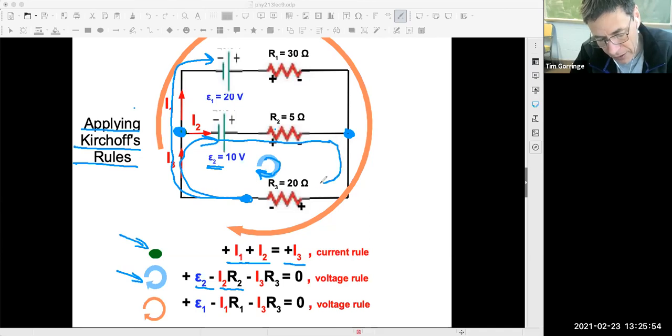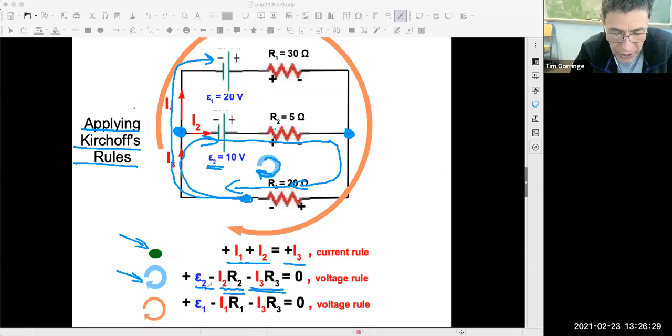Then finally, I come back down through here and walk through the bottom resistor, that's R3. As I walk through it, again the potential change is the current in that resistor, I3, times the resistance, R3. Again, I'm walking in the direction of the current flow, from right to left here, so that is a decrease in potential. And so that's that term.